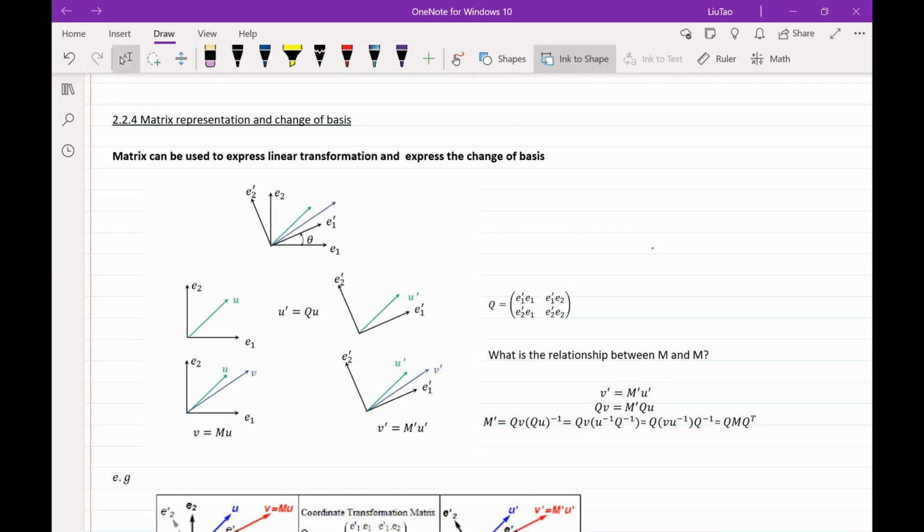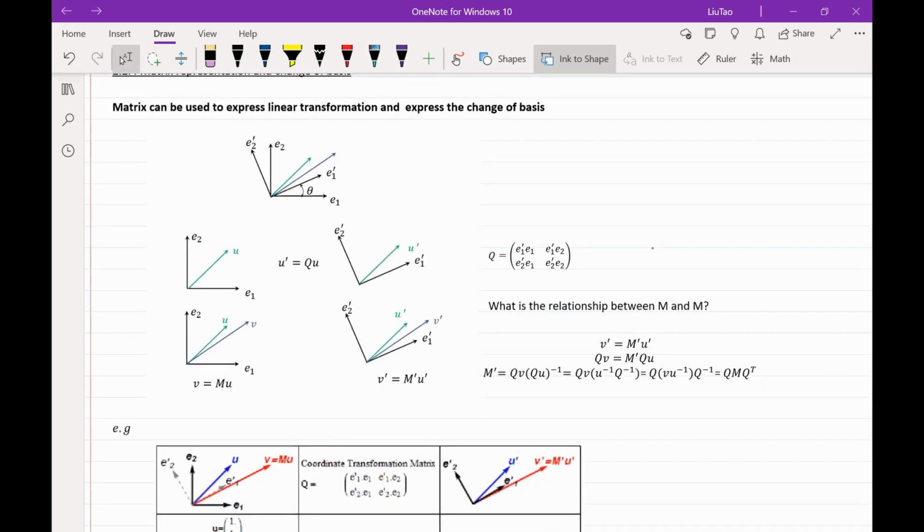Earlier today, we learned that if a vector in space is expressed using two basis sets, then we can use a transformation matrix to link them. For example, here we have two vector spaces. In the first basis set we have E1 and E2. In the second basis set we have E1 prime and E2 prime.